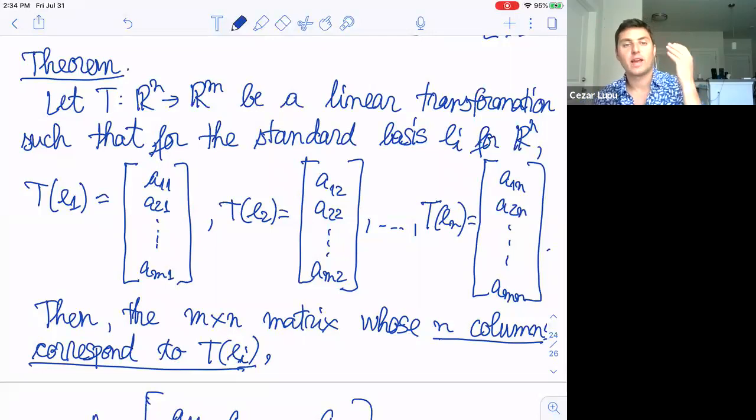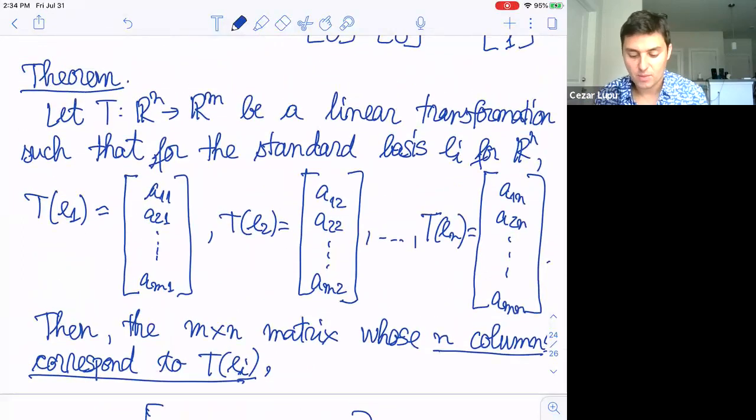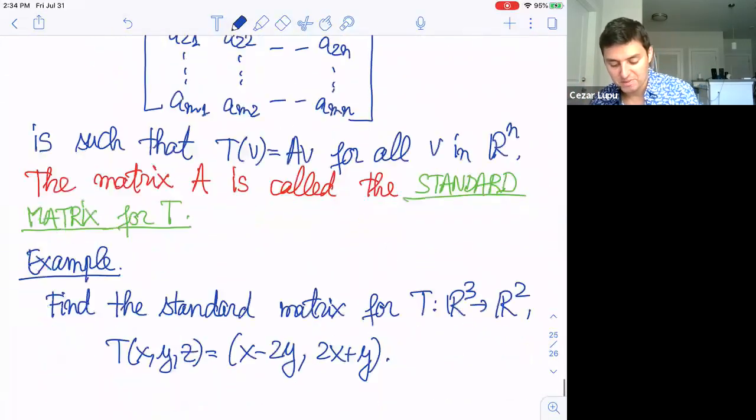So in other words, I would like to see the image of these vectors in the standard basis through T. Just look at the theorem. You see it sends these elements in the standard basis, these ei's, into some columns there. Then I will take those columns and form the matrix, right? So let's do it.